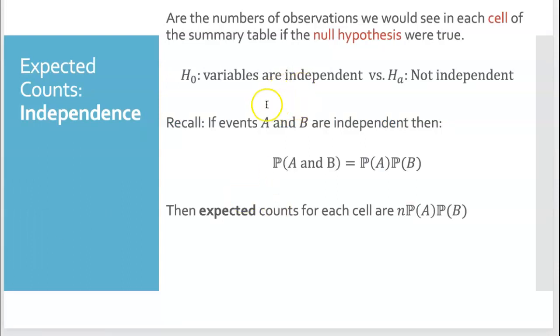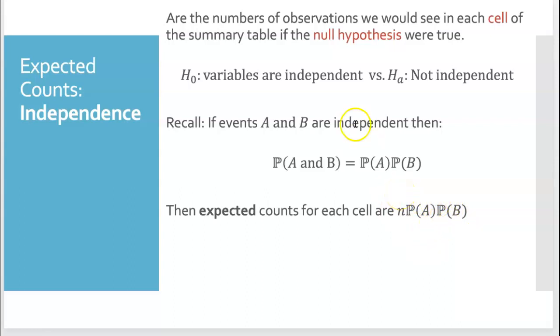So remember, if events A and B are independent, then the probability of A and B is equal to the probability of A times the probability of B. If I wanted to find the expected counts within a cell, I would do my total number of observations times the probability of A and B. Of course, it's really the percentage.